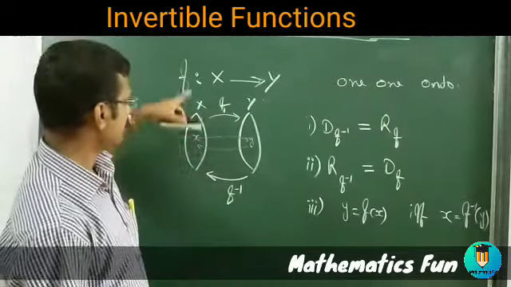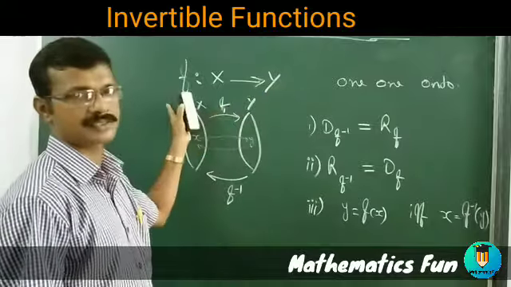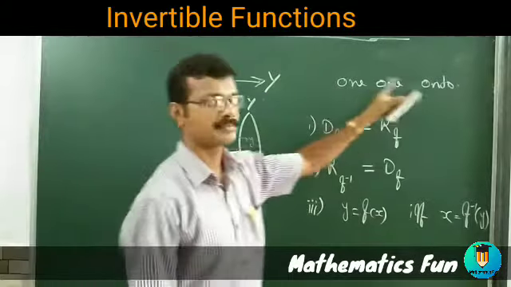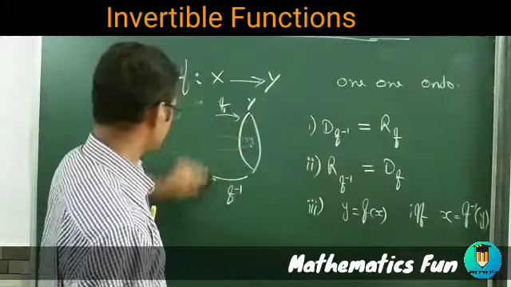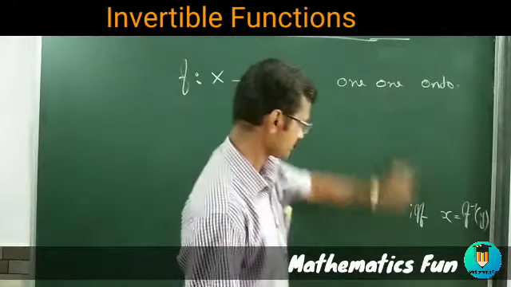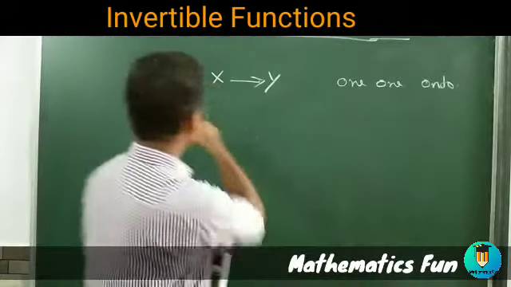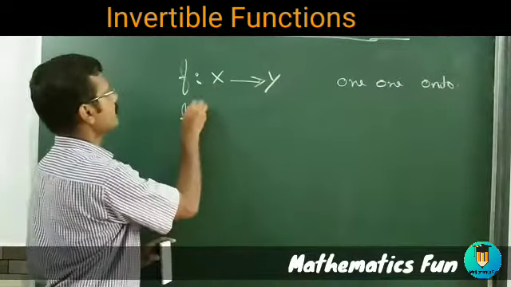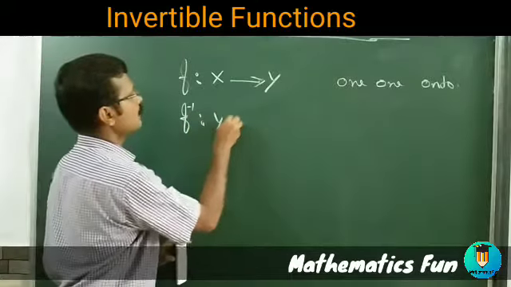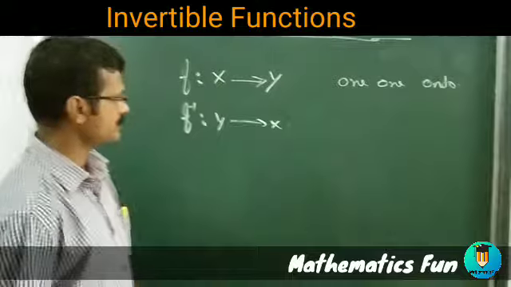Here f is from X to Y, then f inverse is from Y to X, provided f is one-one and onto. Based on that, I am going to make a composition function. These are our results related to this. So f is from X to Y, f inverse is from Y to X, and based on this I am making a composition function.